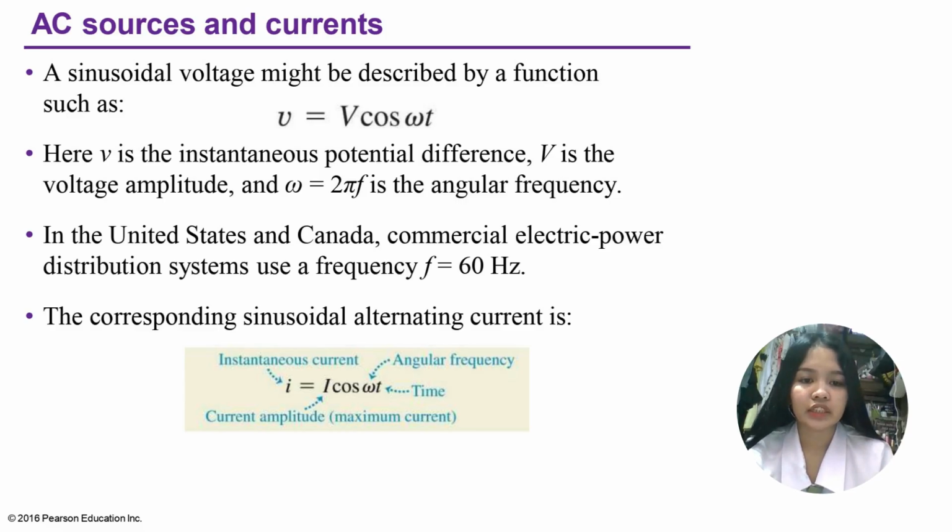The angular frequency is related to the frequency measured in hertz by the equation ω = 2πf. In the United States and Canada, commercial electric power distribution systems use a frequency of 60 Hz, where the corresponding sinusoidal alternating current can be represented as on the screen, where i is the instantaneous current and the capital I is the current amplitude, or the maximum current.